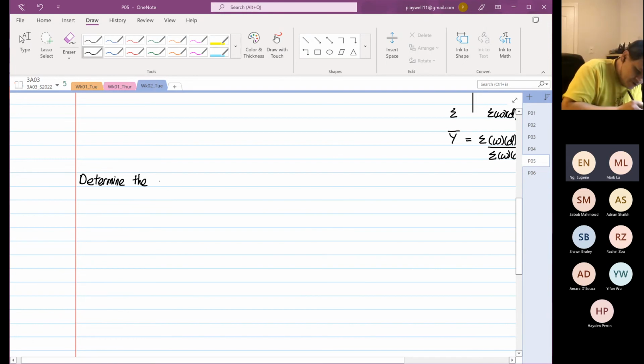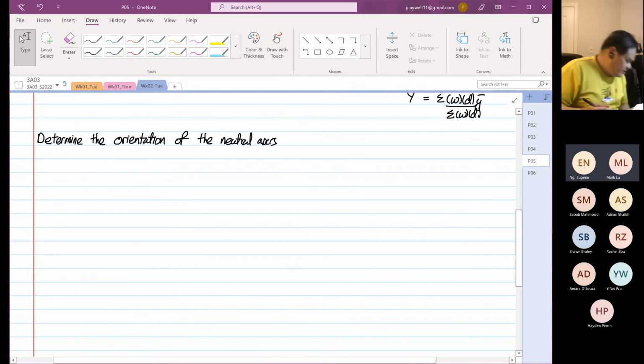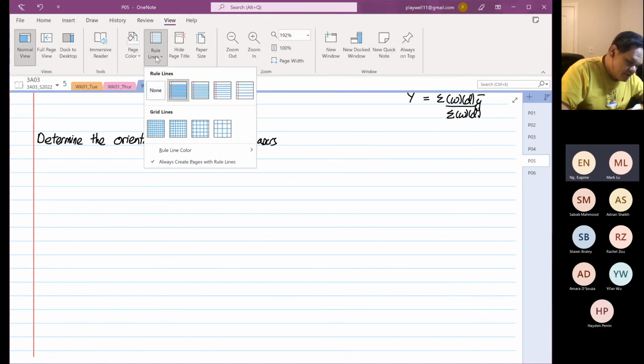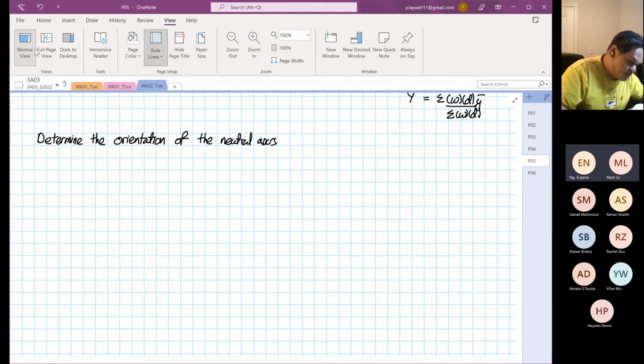Okay, and this is important. So what are the rules for how to determine the orientation of the neutral axis?